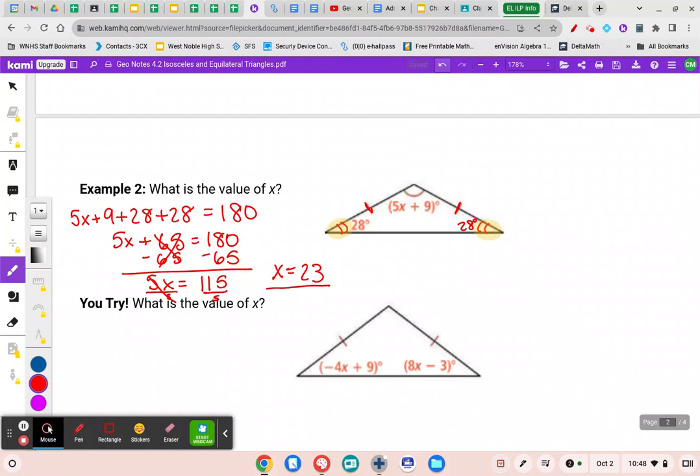Okay, the second problem. These look very similar. This is a U-try, so if you want to pause me, you can. These look very similar, but they solve very differently. Okay, so make sure you know what information you're given and how you are going to solve.